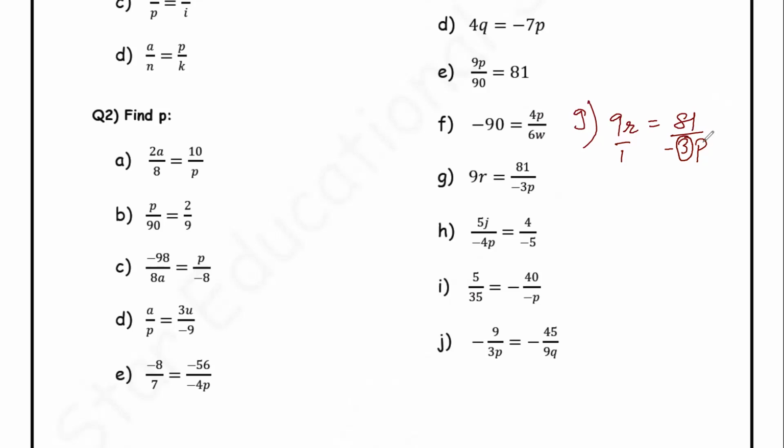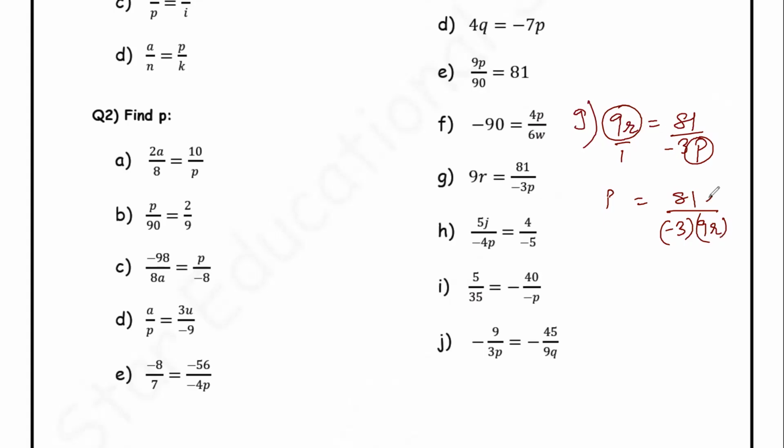I'm going to interchange P with the whole 9R. So P and 9R interchange places. Write down 81 as it is, negative 3 as it is, and 9R comes down.